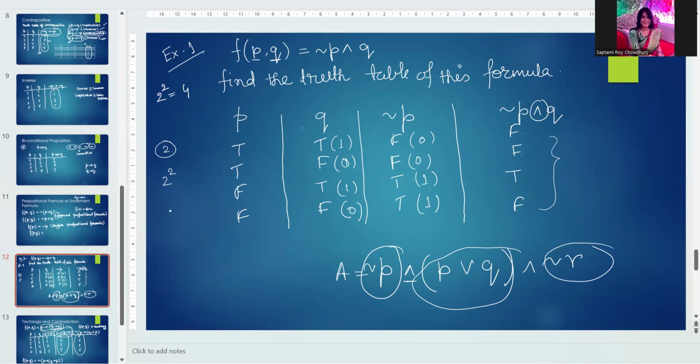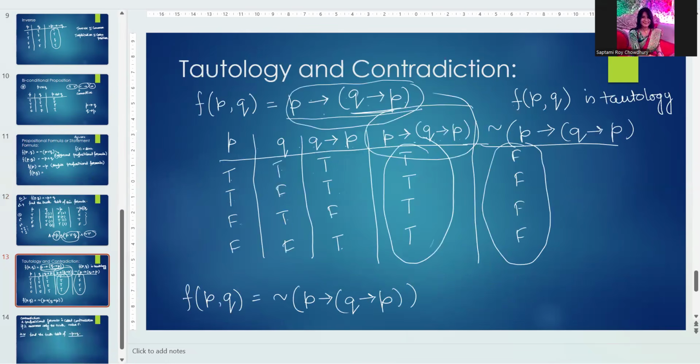If it is 3 propositions, then 2 to the power 3, that is 8. First we write 4 true, 4 false, then 2, 2, 2, 2. Then 1, 1, 1, 1. It is divided like that. Clear? So here we solve the truth table of this formula. This is asked in the examination also: how to find out the truth table of some formulas.